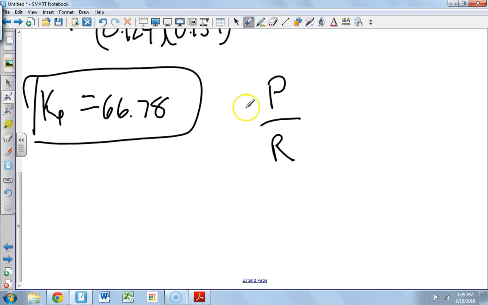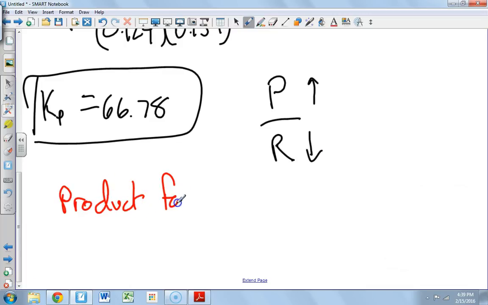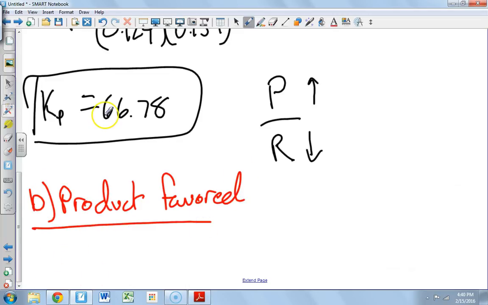For this to be a high number, above 1, the amount of products is high, and that means the reactants are low. So this is a product favored reaction. For part B, it's product favored because this is well above 1.